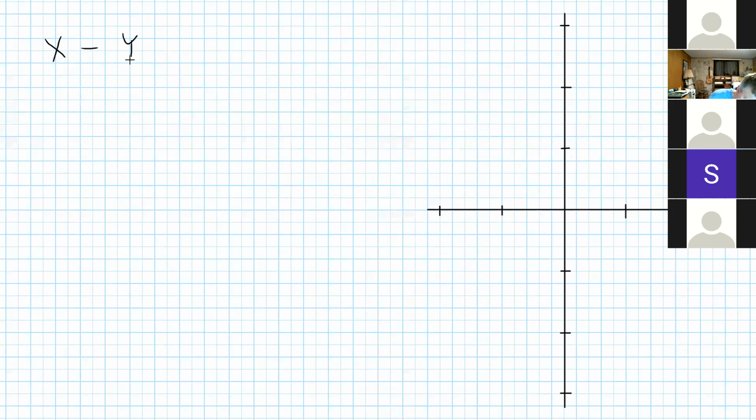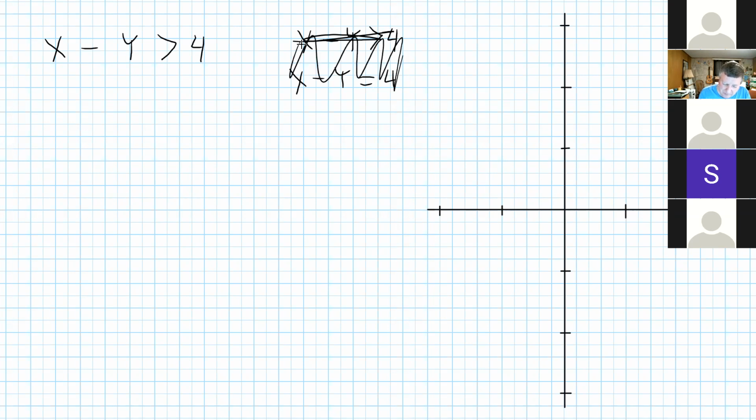All right. Another way to do this problem, if you don't like using slope-intercept form, think of it as like being an equation. So we're going to get a straight line, okay? But what I'm going to do is I'm just going to find some ordered pairs.